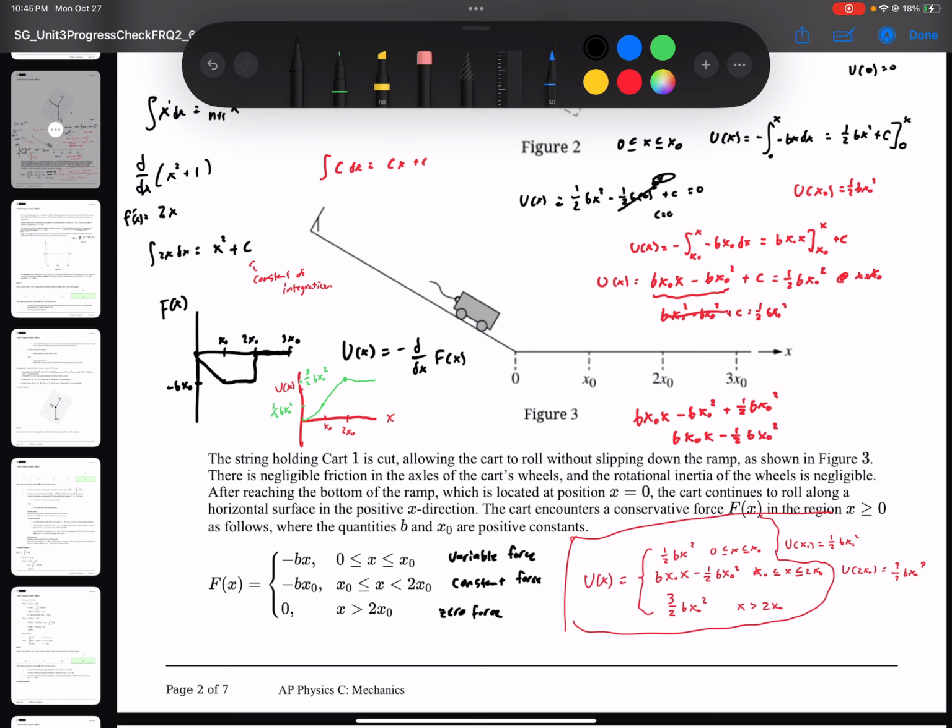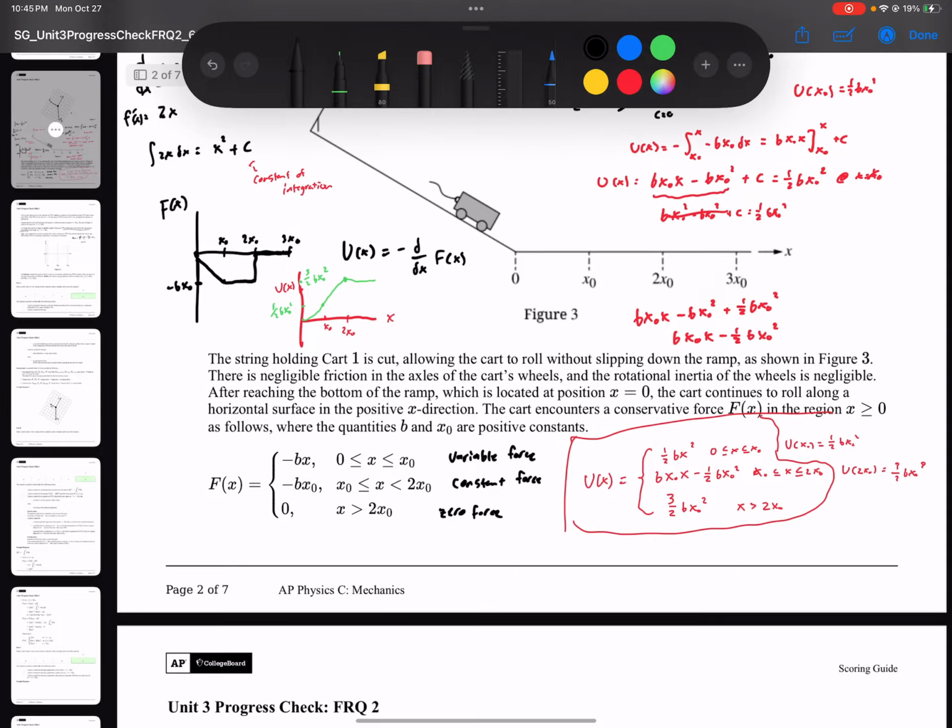It goes down the ramp, reaches some velocity at x equals 0, and then as the car goes along the bottom of the path from x equals 0 all the way out to x equals 3x naught, the car is slowing down. So the conservative force is taking energy away from the car and storing it in this potential energy function. It's going from kinetic energy to this piecewise potential energy function.